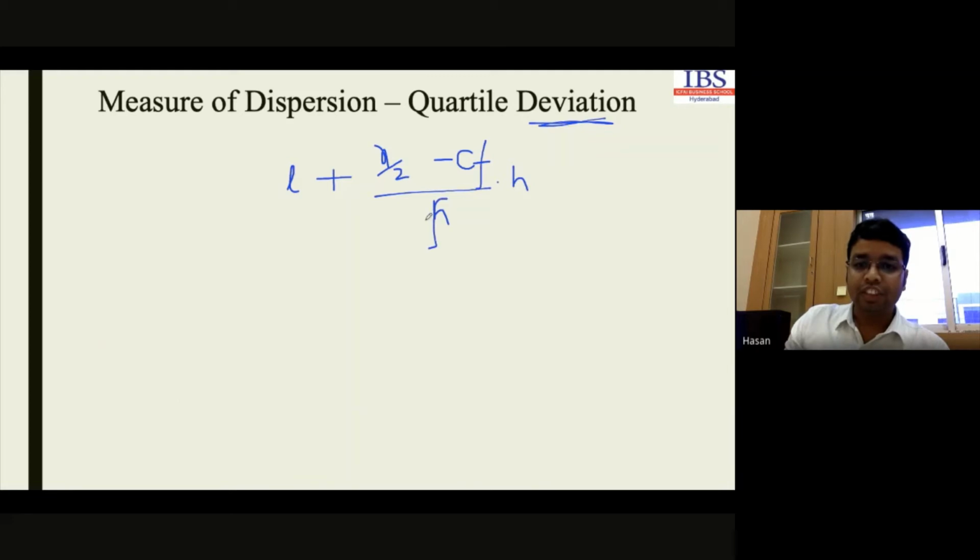So it is for the median position, okay? Now if we are talking about quartile, then we'll have to replace this 2 with 4 and multiply with 1, 2 or 3 wherever we want. So for the first quartile it will be 1, and for the third quartile it will be 3N by 4. Other things are the same, right?